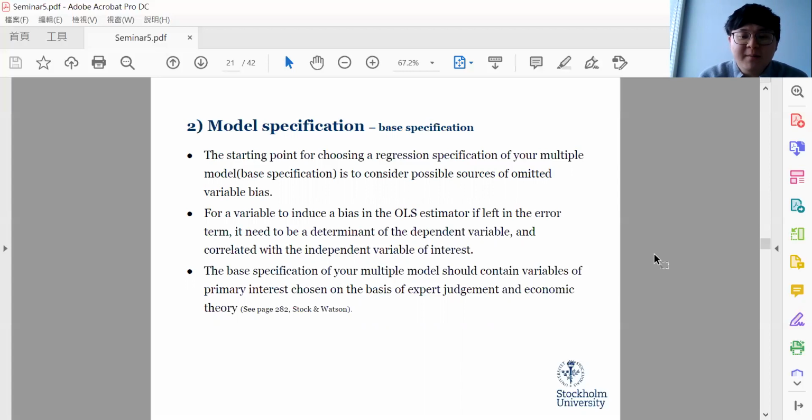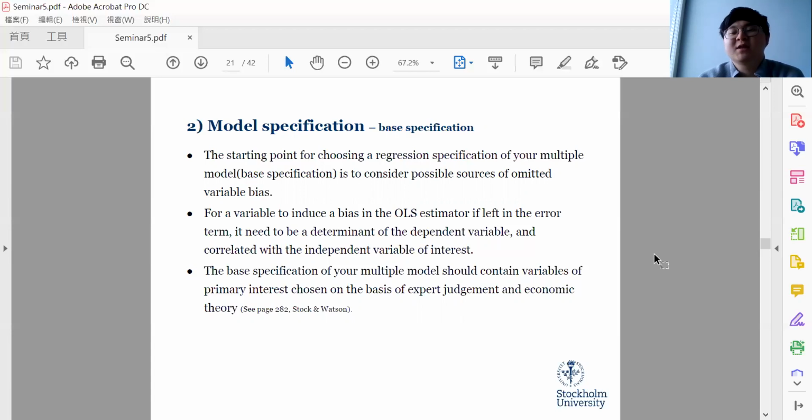Now you need to think about what the potential omitted variables between wage and schooling are. The base specification of the model should contain variables of primary interest chosen on the basis of expert judgment and economic theory.